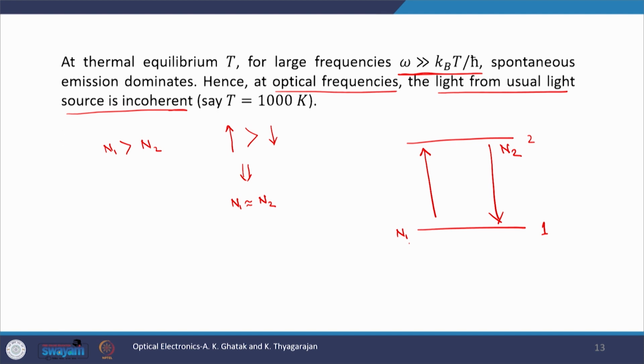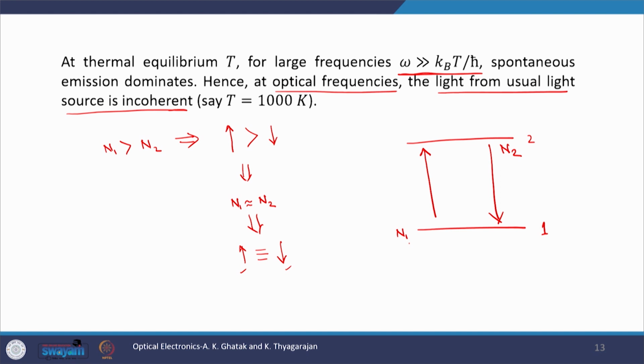In this situation, there would be a 50-50 distribution of electrons in the two energy levels. Since N1 is almost equal to N2, the rate of upward transition would also be equal to the rate of downward transition, and the system is now in equilibrium.